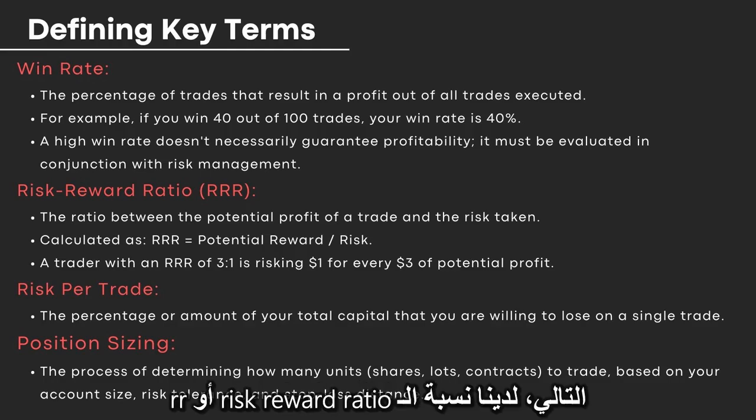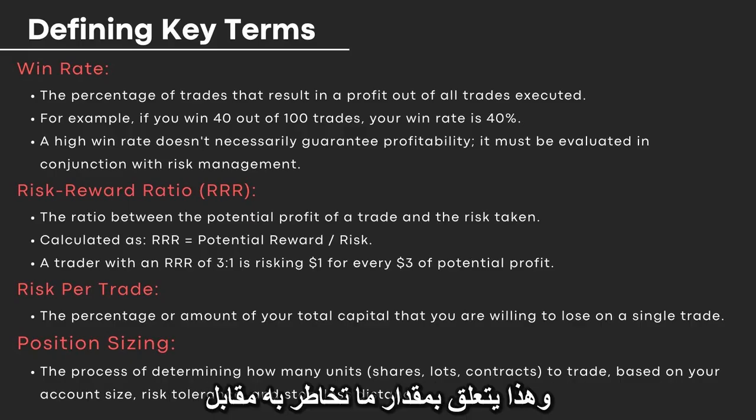And next up we've got the risk to reward ratio, or RR. This is all about how much you are risking versus how much you are hoping to gain on each trade. And the formula is simple. Risk to reward ratio is equal to the potential reward divided by the amount of risk that you are taking per trade.